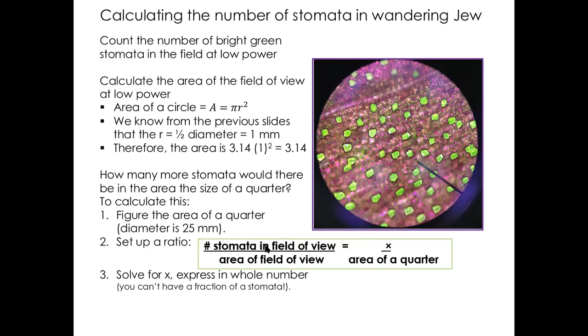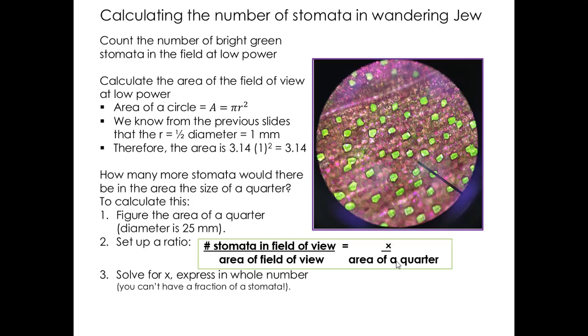Okay, so let's do this. The number of stomata in the field of view is 50, divided by the area of the field of view, which was 3.14, equals 15.9. 15.9 equals x over the area of the quarter.